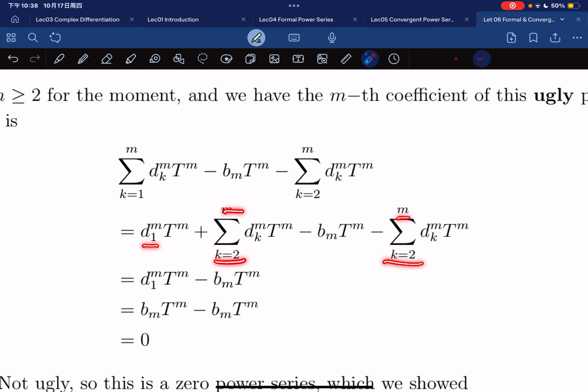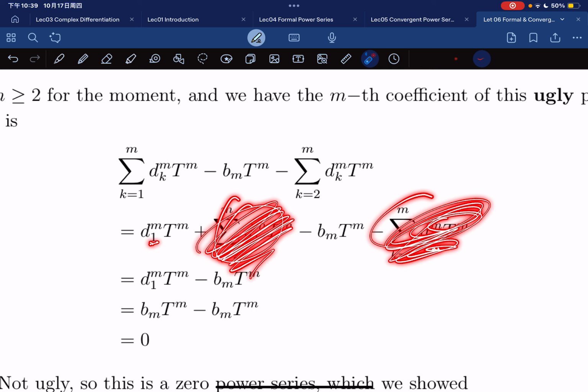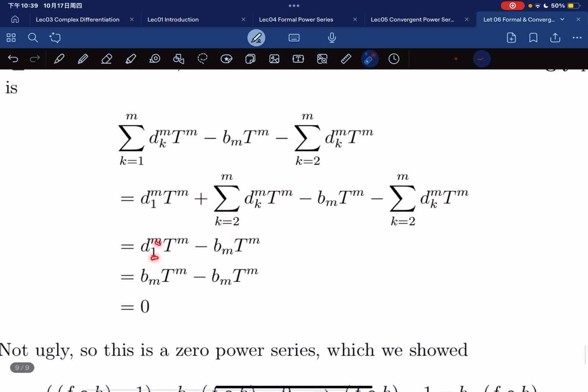But notice that we leave the 1 and it starts from 2 to m. And now we also have 2 to m. So these two cancel out, right? No matter what that is. And this will equal d1m, right? Remember the definition of d, right? d1m, which means that there's only bm satisfying this property, right?